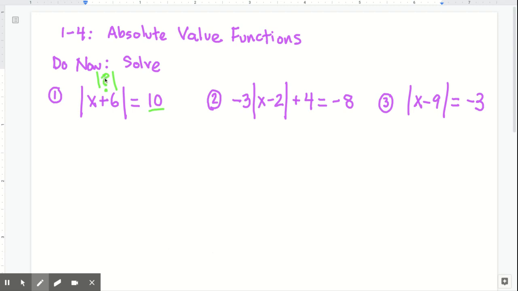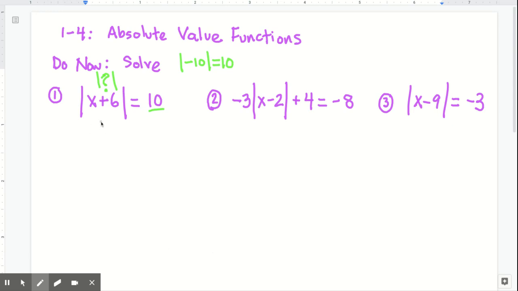It could be that inside these bars is the number 10, because the absolute value of 10 does equal 10. It could also be that the thing inside the bars is actually a negative 10, because the absolute value of negative 10 would also get me a positive 10.